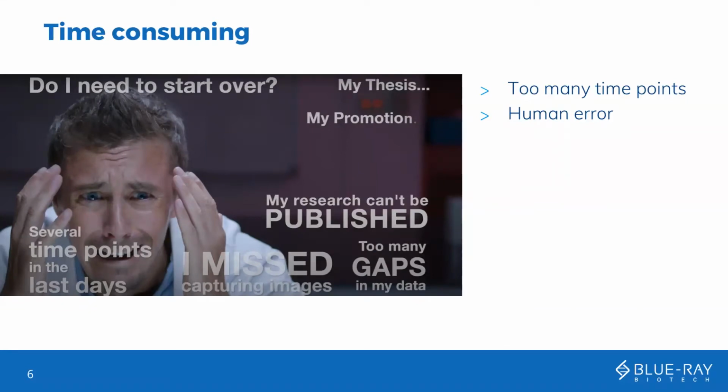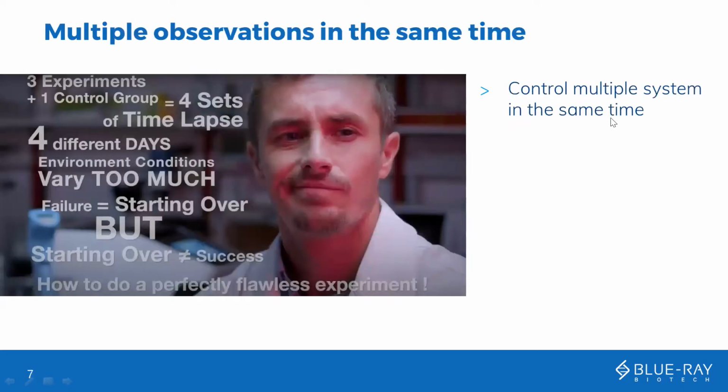So you have to balance it. But both of these methods are prone to human error because you don't have a timer like a machine, right? And finally, you will want to observe multiple groups in one experiment, so it is best to control multiple systems at the same time. These are the points you have to consider if you want to do such cell imaging recording.